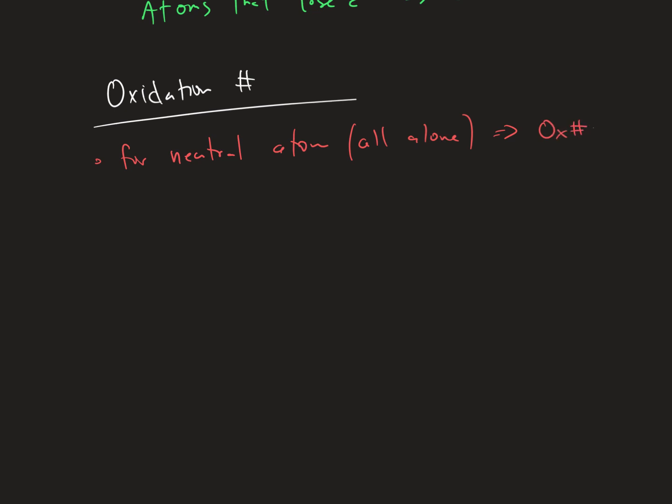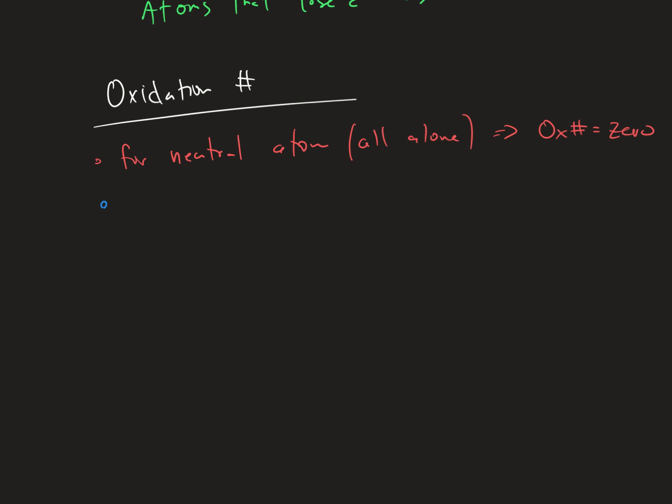Is that okay? OX number stands for oxidation number. And that has an oxidation number of 0. Why? Because it's neutral. Make sense? Any questions on that one?